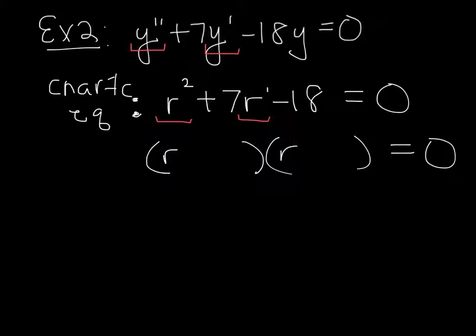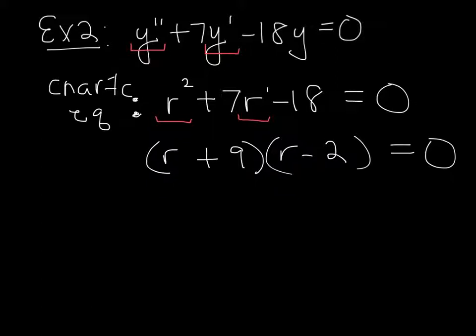R times r is r squared, and this looks like 9 and 2, probably plus and minus. We're looking for two numbers that multiply to negative 18 and add to 7. So 9 times negative 2 is negative 18, and 9 minus 2 is 7.